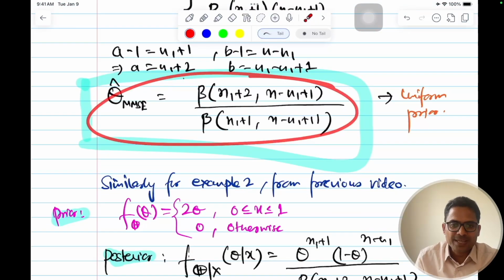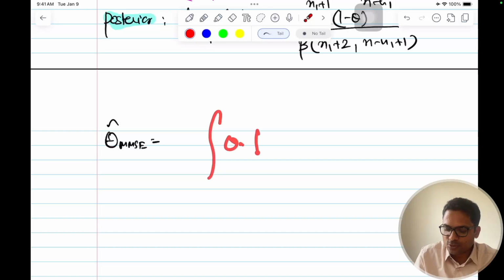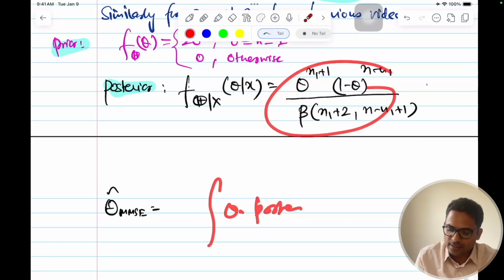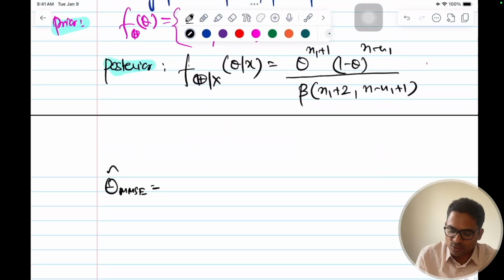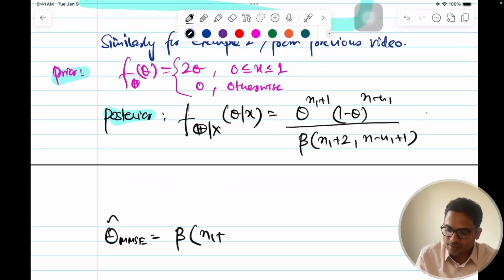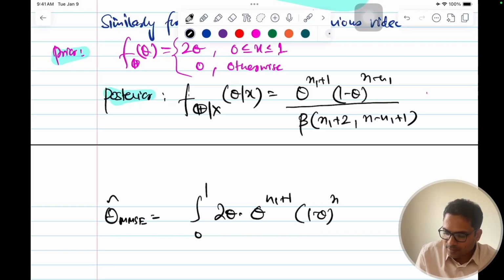Similarly, it will be the expected value of theta times the posterior. Posterior is here, and the integral will be 0 to 1. After you do the calculations yourself, this will be a similar calculation, and what we will get finally is a beta function of n1 plus 2. And this will increase by one more, if I multiply by theta here. Let me do it quickly for you. Integral 0 to 1, this is 2 theta into theta to the power n1 plus 1, (1 minus theta) to the power n minus n1 plus 1, by beta of n1 plus 2 comma n minus n1 plus 1.